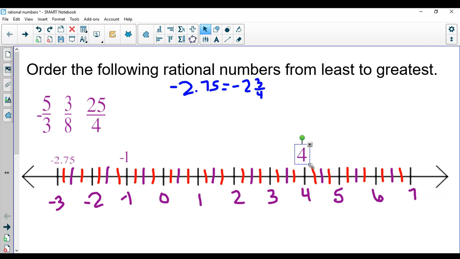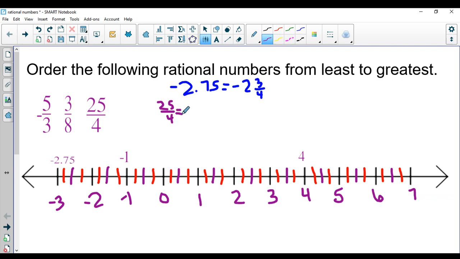Now let's look at +25/4. I could write that as a fraction or as a mixed number. Sorry, it already is a fraction.